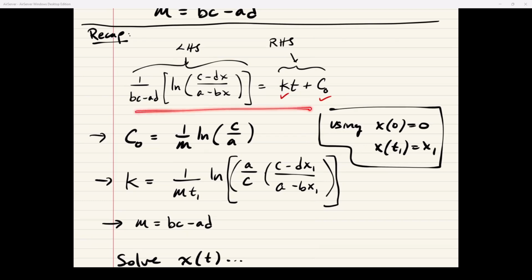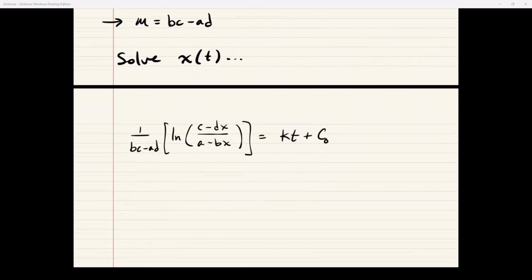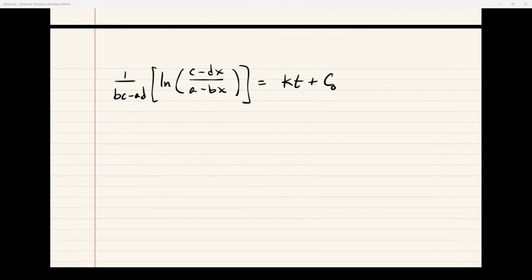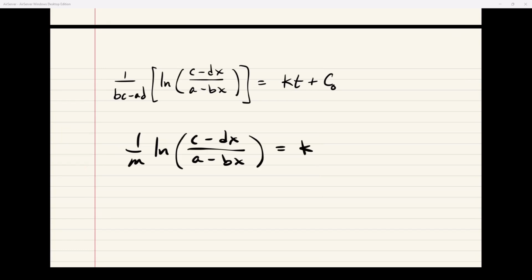And to do that, I'll go back to that expression there. So I'm going to solve for x, and I'll just leave those expressions, those variables k and C naught that I've defined. I'll just leave them like that for now. Except maybe I'll just write this as 1 over m ln of (C minus Dx) over (A minus Bx), and then I know k I've solved for, and C naught I've got expressions for those.